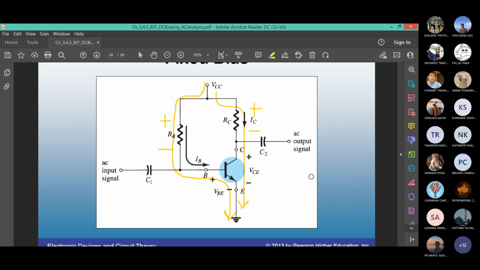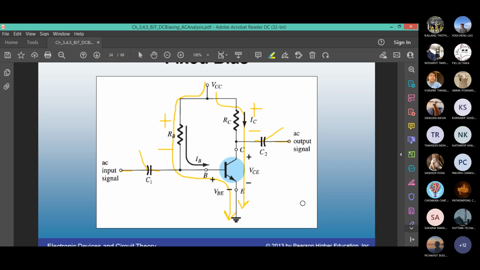Also, when we do the DC analysis, you have to make the capacitor an open circuit. Why is the capacitor an open circuit? You don't think of capacitor and AC anymore. We are now strictly in the DC analysis. What is the equation for the current that flows through a capacitor?